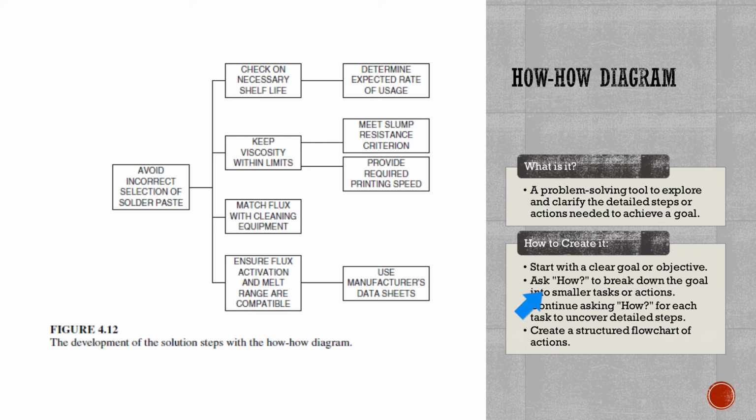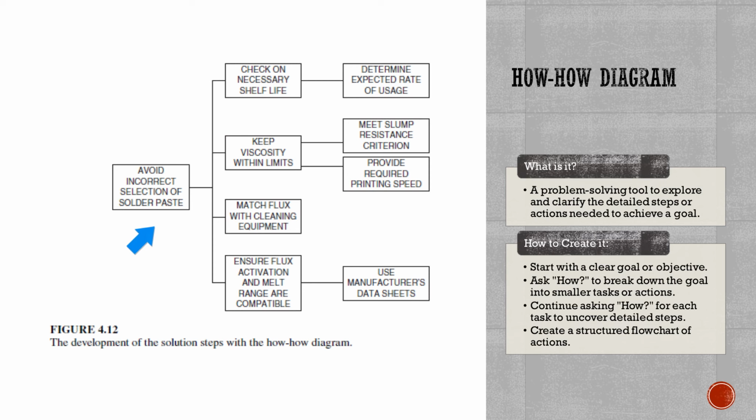So let's start with a clear goal or objective. Let's say this is your objective, to avoid incorrect selection of solder paste, because previously we said that incorrect selection of solder paste is the reason why the solder joint is bad. So we want to avoid incorrect selection of solder paste.